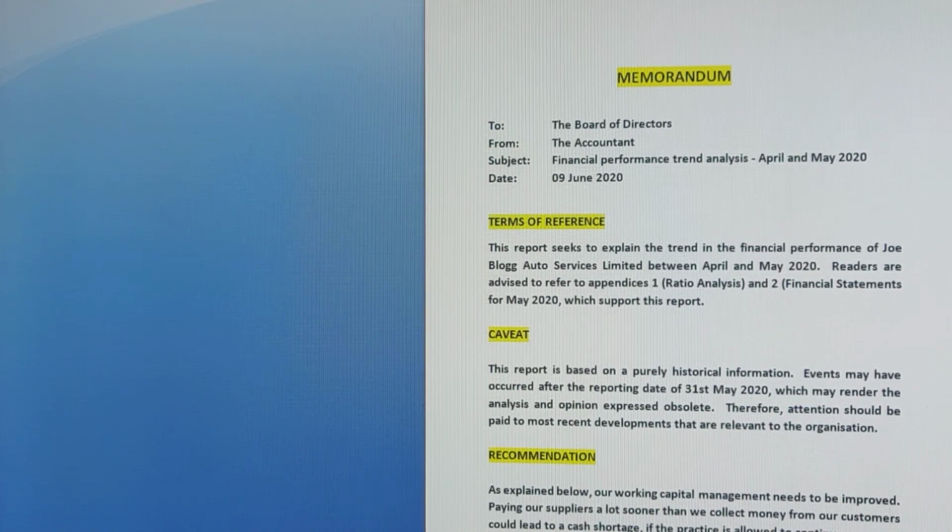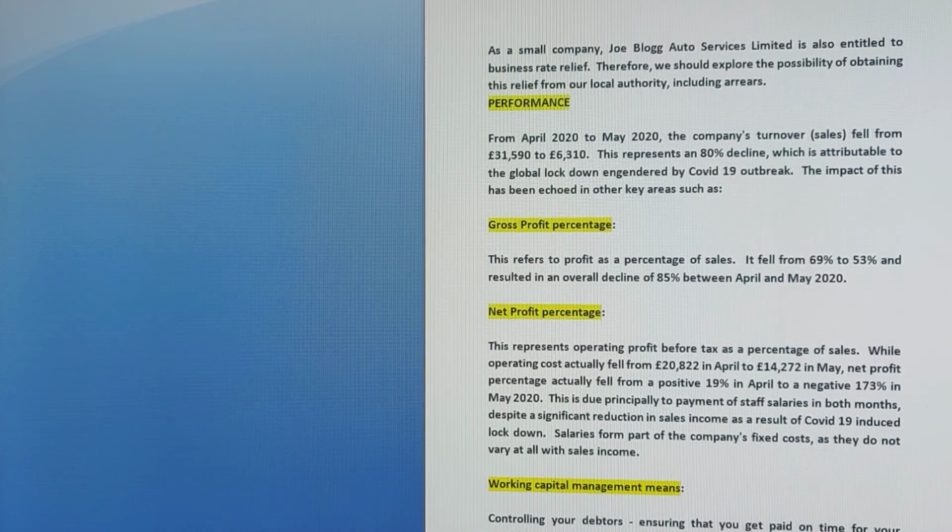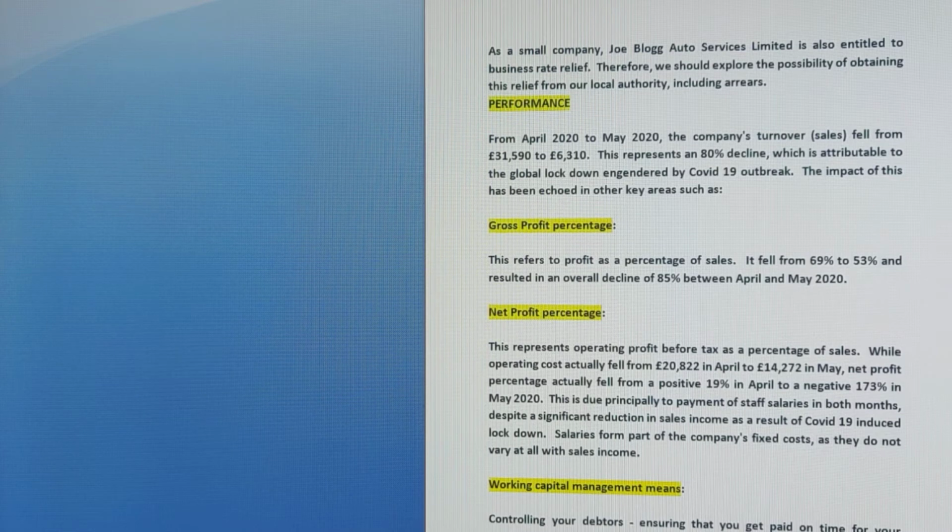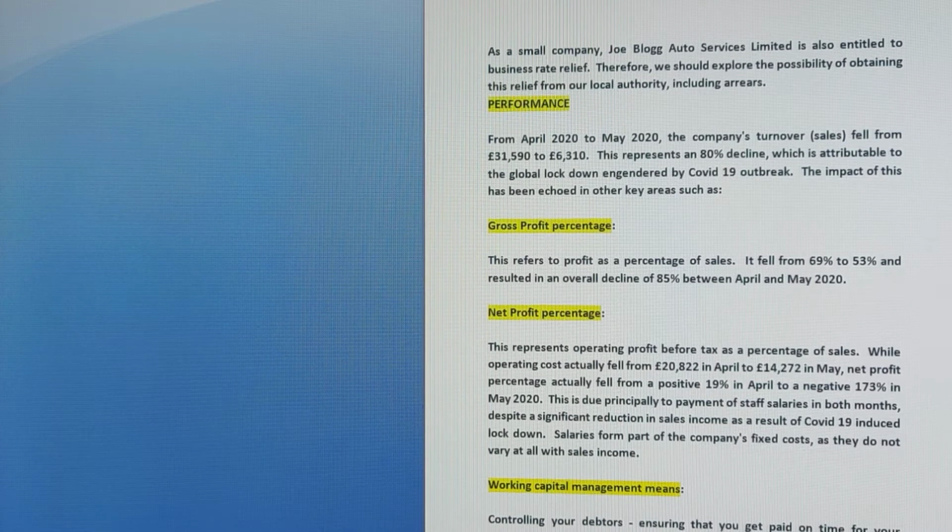Then you go on from there and say, as a small company, Joe Block Auto Services Limited is also entitled to business rate relief. Therefore, we should explore the possibility of obtaining this relief from our local authorities, including even arrears. Okay? Because the company started in April 2020, it has paid business rate, which we probably should not have paid. So go to your local authority, exercise your right, obtain business rate relief, and save your cash.